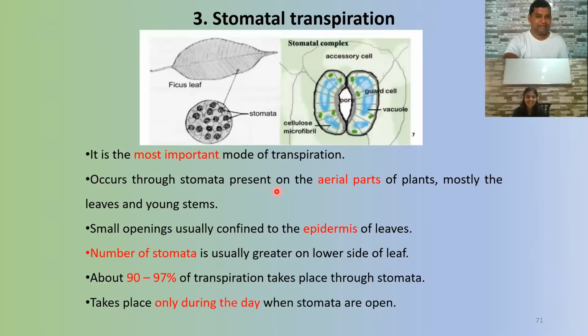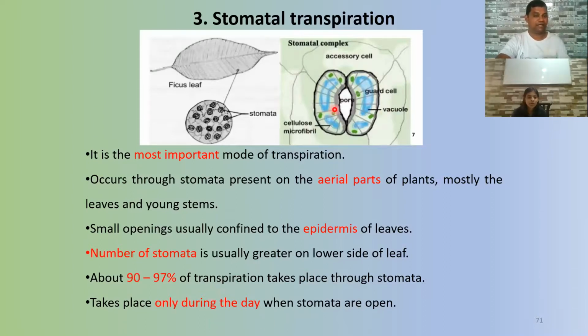Another important feature is that the pore of the stomata, called a stoma, can be opened and closed. Plants have this ability of regulation. That's why stomatal transpiration takes place only during the day.